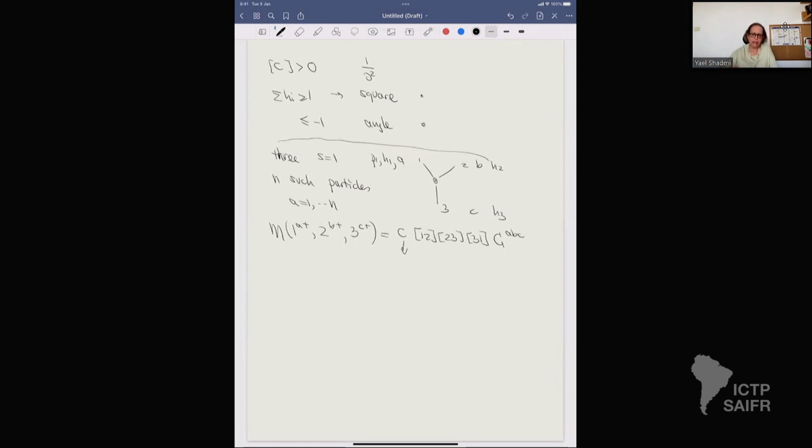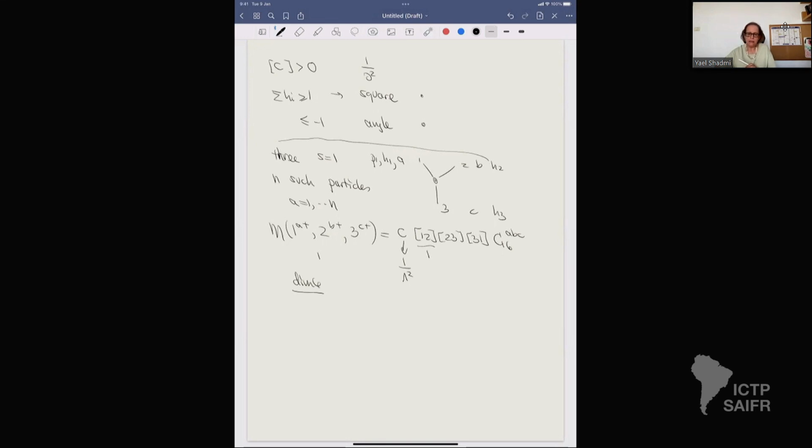Each one of the brackets has dimension 1. The amplitude is dimension 1. So this has to go like 1 over lambda squared, where lambda is some mass scale. So you see that this is appropriate, and it looks like a dimension 6 operator. If I'm thinking about operator contributions in the Lagrangian, this looks like a dimension 6 operator. And so let me put a 6 on this C^ABC.